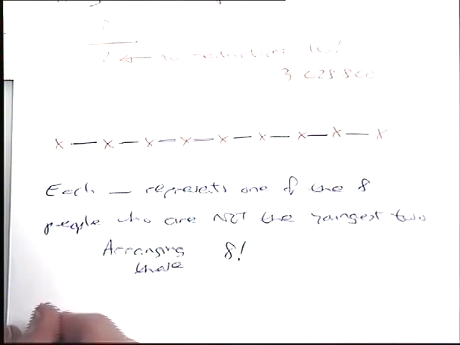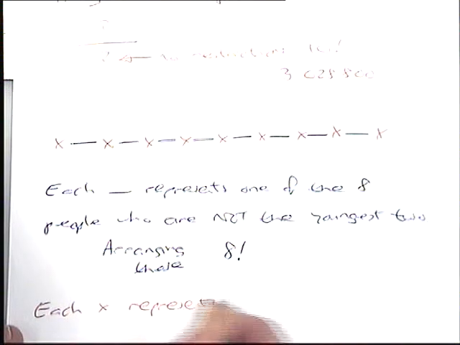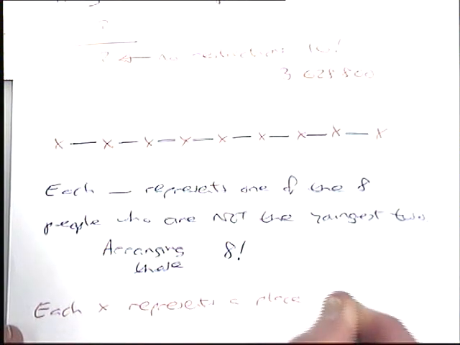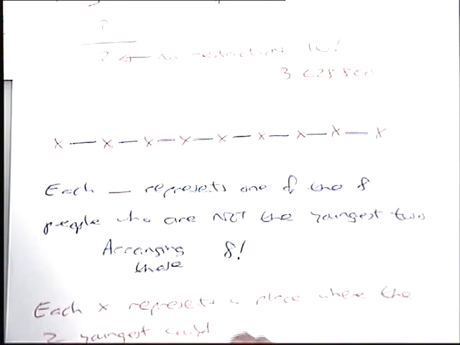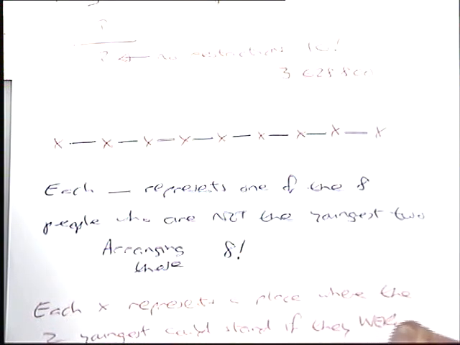So we can say here that each cross represents a place where the 2 youngest could stand if they were together.